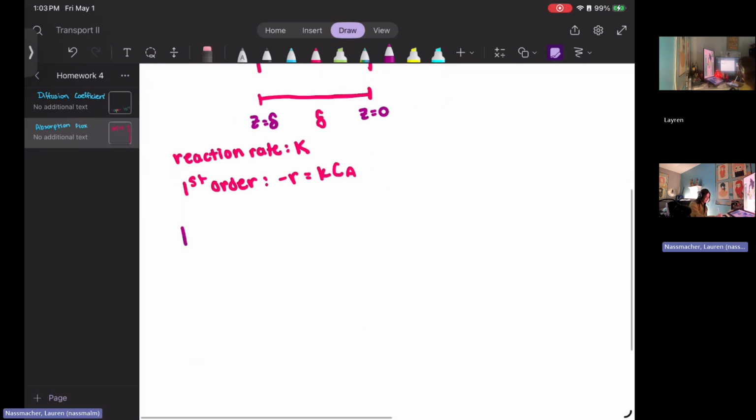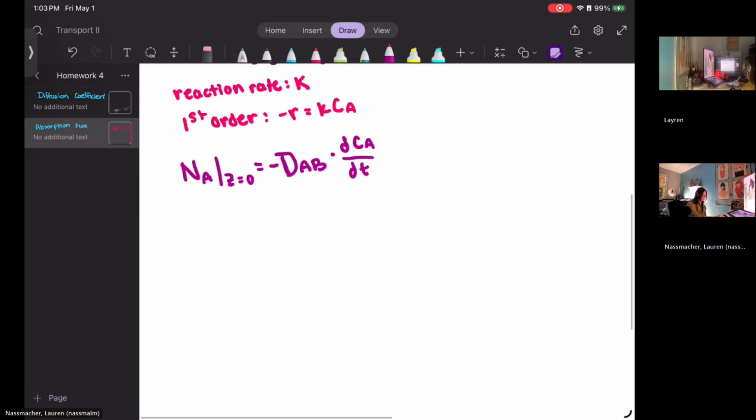And I want to start with the molar flux of A at Z equals 0, which equals Fick's law. It's going to be negative diffusion coefficient of A, B, multiplied by the derivative of our concentration of A with respect to Z. Now, why is the diffusion coefficient negative? Good question.